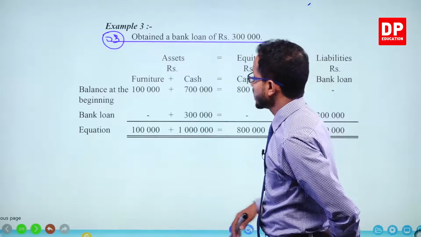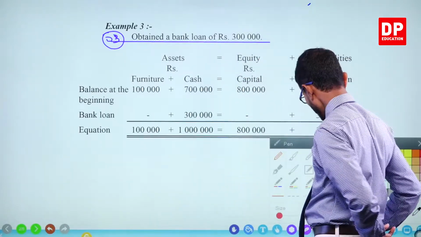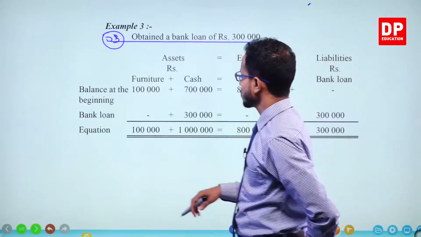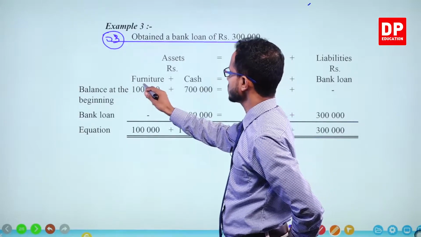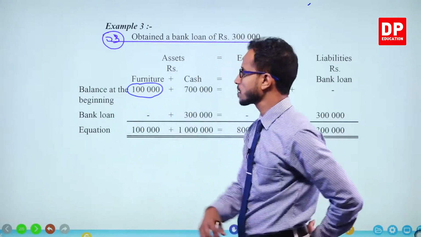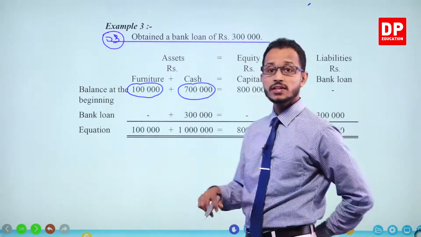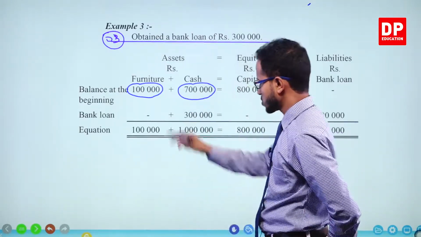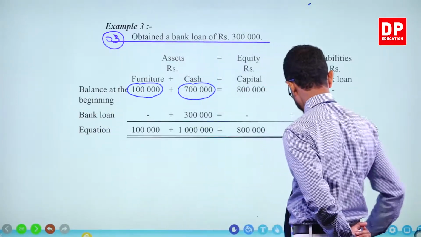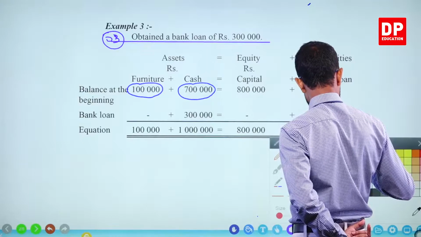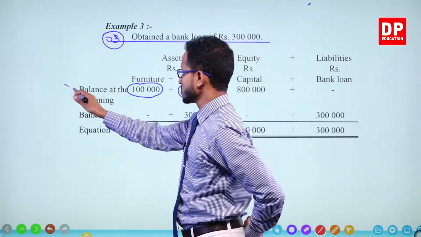That is why here, children, they have shown you already we have furniture worth of 100,000 and cash worth of 700,000. These balances come from the previous transactions.